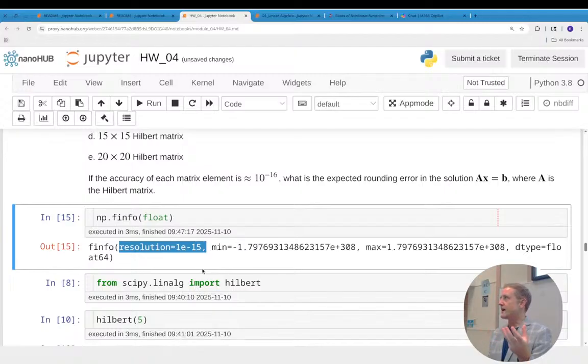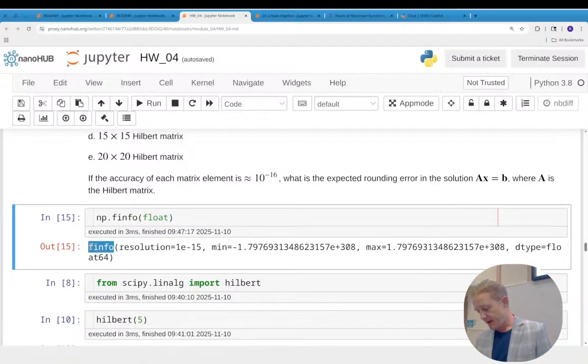But 0.51 is like a 2 to the negative 1 plus something else, 2 to the negative 8 plus something. You need a whole bunch of powers of negative 2 in there. So here this finfo is sort of telling us how well can I store information for you.